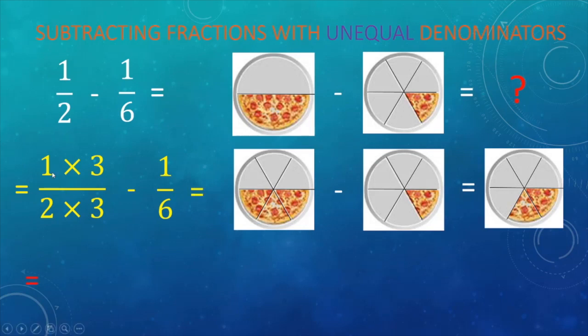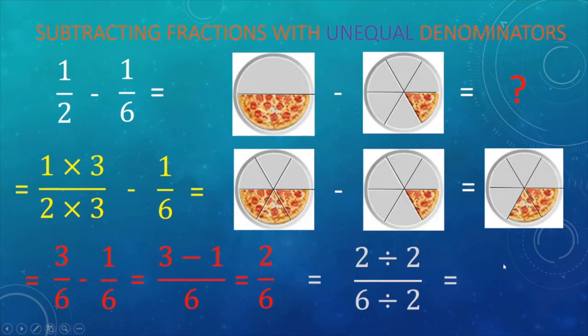So 1 times 3 is 3 and 2 times 3, 6. Now denominators are the same, so we can just subtract numerators. 3 minus 1 is 2 over 6. Now, if we look at this fraction, we can see that we can reduce it by dividing 2 and 6 by 2.